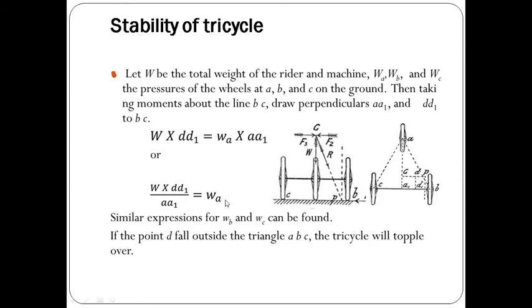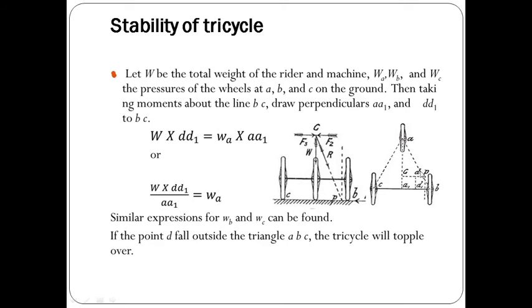So from this we can easily calculate the pressure WA, that is W into D1 by A1. And similarly we can find out WB and WC by taking the moment at different points.